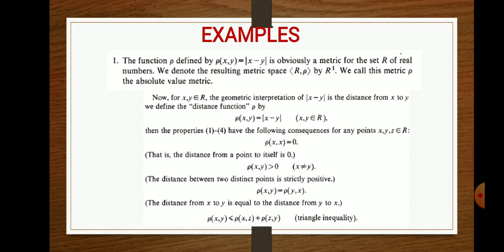So here also we understood rho of x comma y is strictly greater than 0. The next one is rho of x comma y is equal to rho of y comma x. The distance from x to y is equal to the distance from y to x. The last one is the triangle inequality. Rho of x comma y is less than or equal to rho of x comma z plus rho of z comma y. This we can also easily prove.